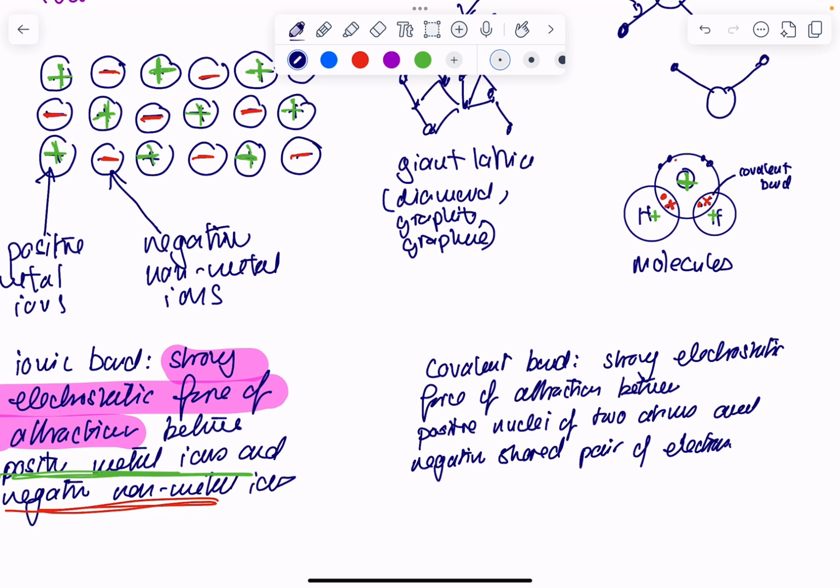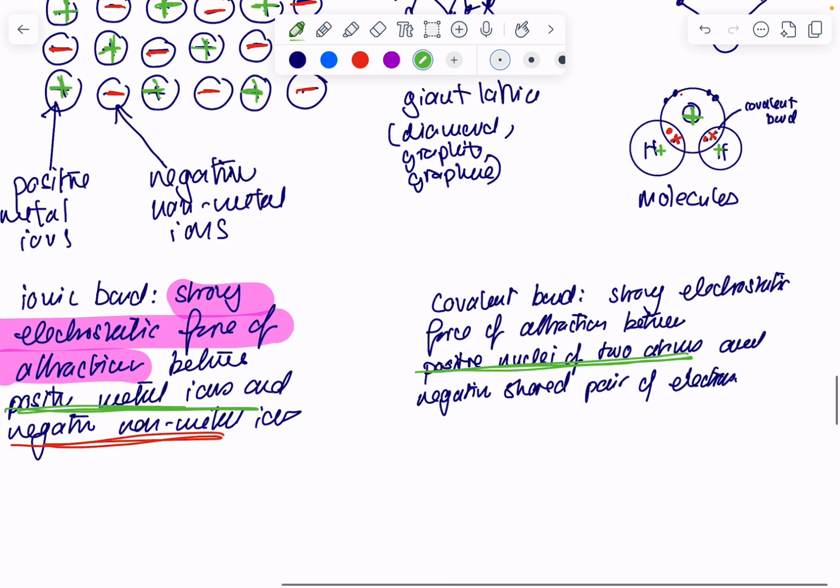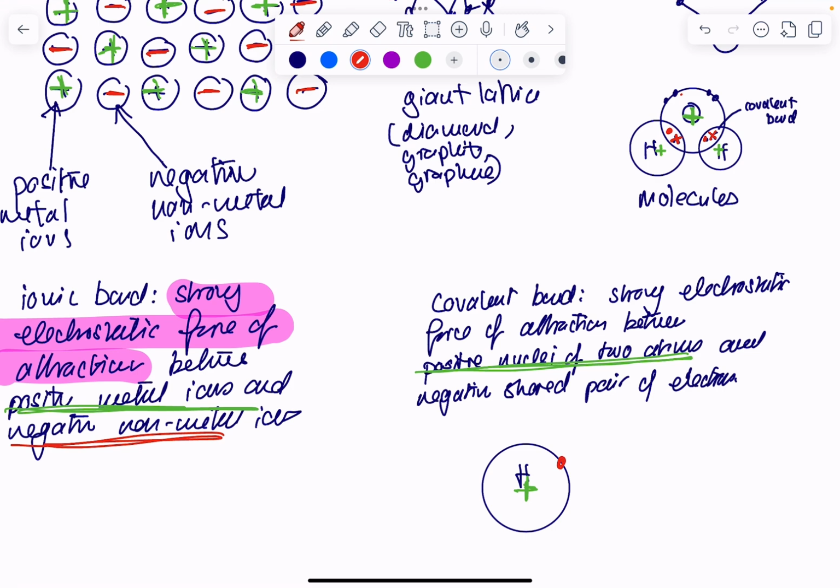So, it's really important that we say a couple of things here. We have to say that it is the nuclei of 2 atoms that the attraction is between, because obviously there is always an attraction, for instance, in a hydrogen atom, between the positive nucleus and the electron. There is going to be an attraction there, that's why the electron stays, but that is not a covalent bond.